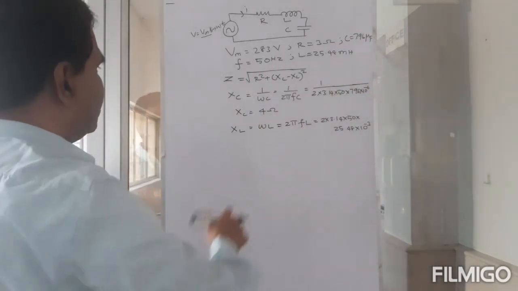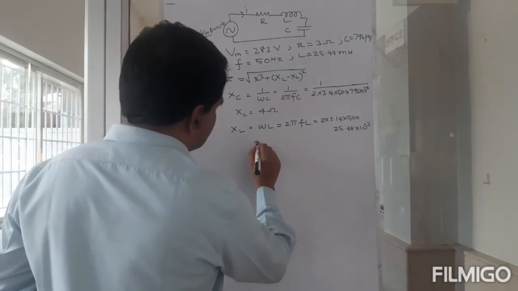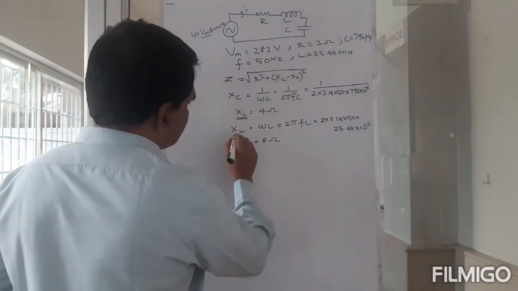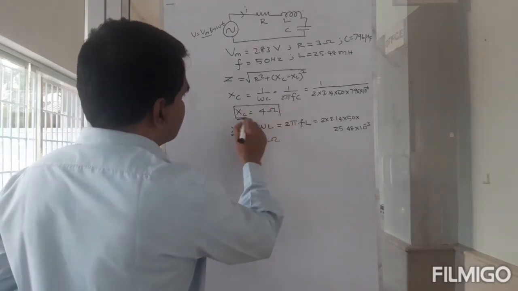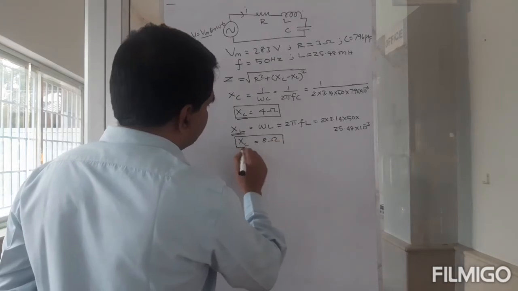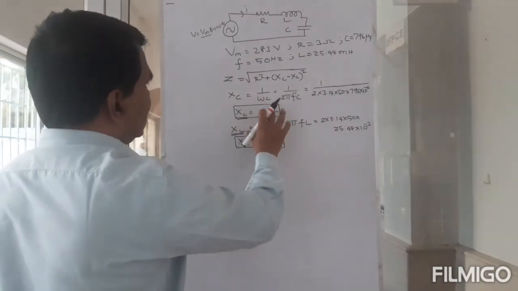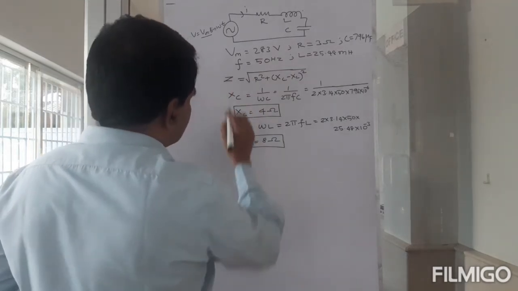So all that we put, then I am going to get this value. This is equal to 8 ohms. So XC is 4 ohms, XL is 8 ohms. And I should be able to apply these values in this equation to get the impedance.